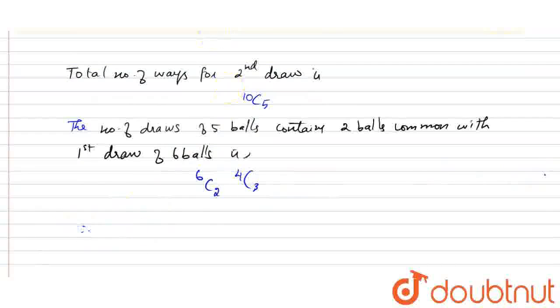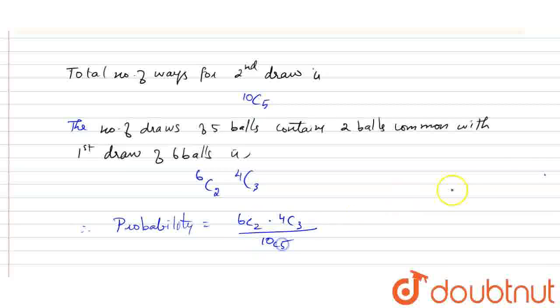Therefore the total probability is equal to 6C2 into 4C3 divided by 10C5.